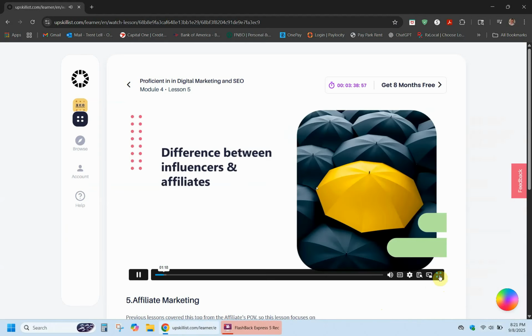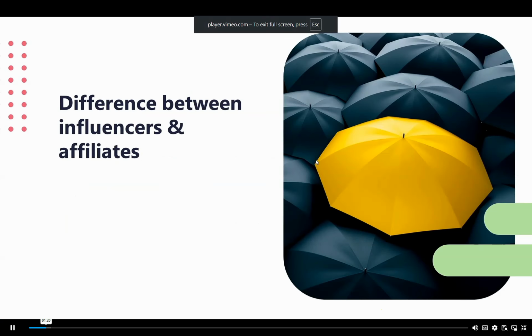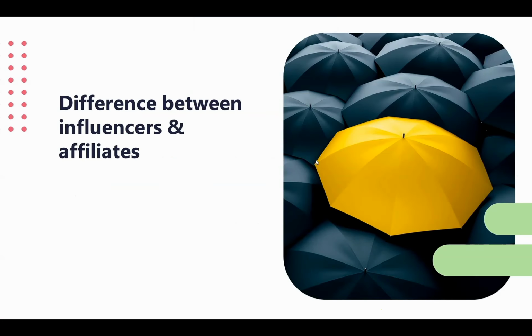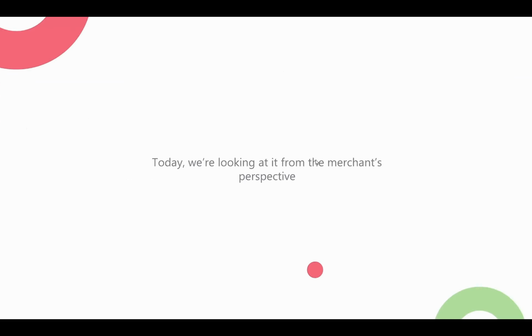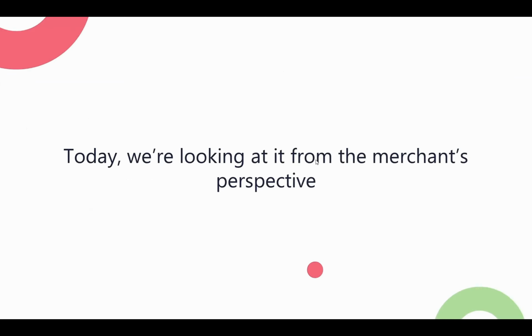And because it just comes up so much, I just want to reiterate what the difference is between influencers and affiliates. They're very similar and they can be both, so it is sometimes confusing. But what differs between them generally is the payment structure, the objectives that both of these strategies or channels will meet. So today's lesson, we are looking at it from the merchant's perspective in terms of affiliate marketing.